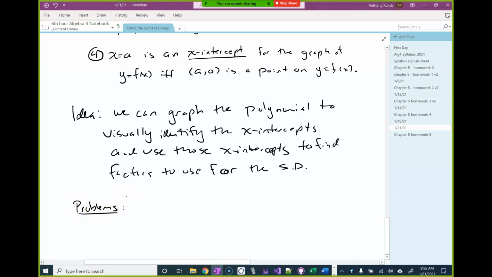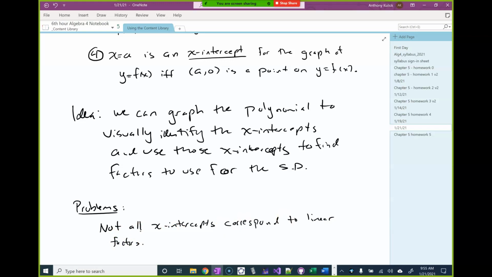But that's still going to create x-intercepts, which would be plus or minus the square root of 2. And we can't use that to synthetically divide with because we don't have an exact value for it. You're not going to be able to pull off the value square root of 2 from looking at the graph. It's just going to look like 1.4, 1.5 or something, right? So that's a problem.